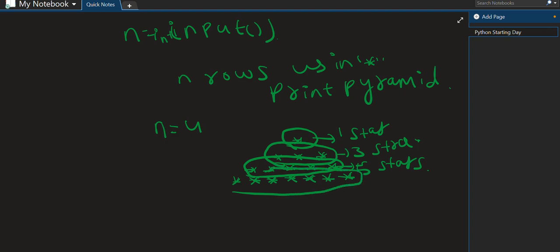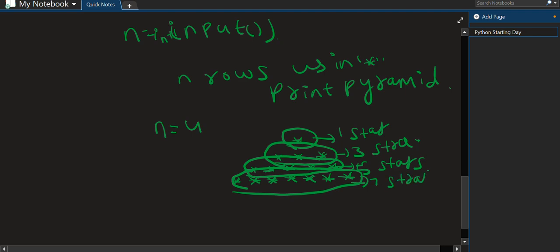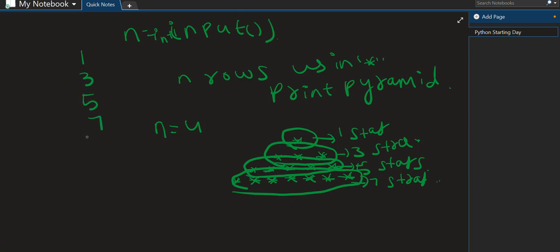In the fourth row it should be seven stars. Here you can see the star count was increasing by 2: 1, 3, 5, 7. Increasing by 2, if you observe that.